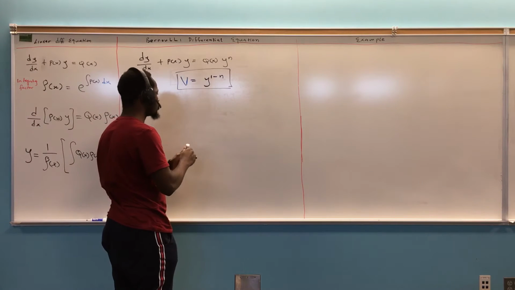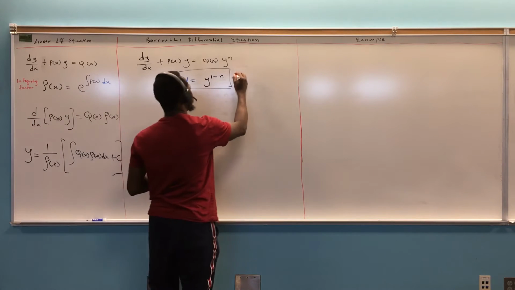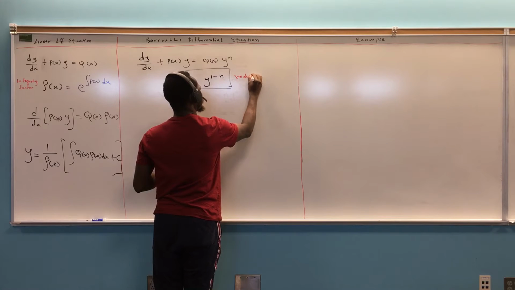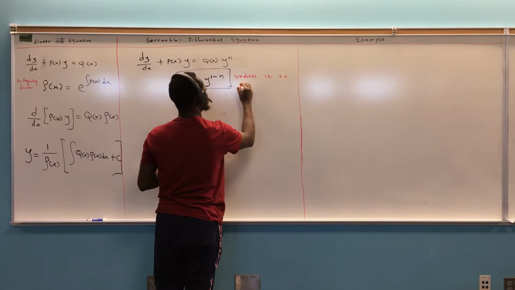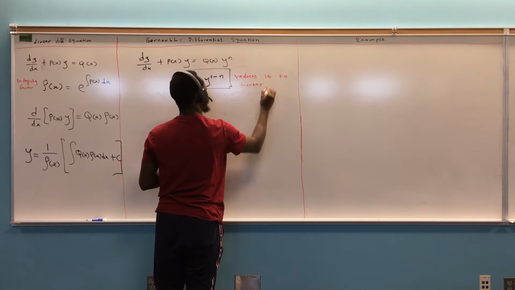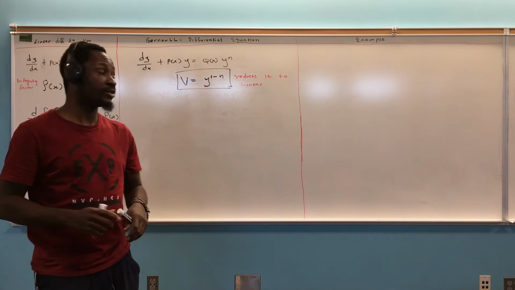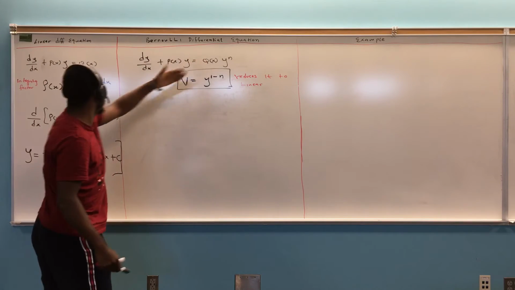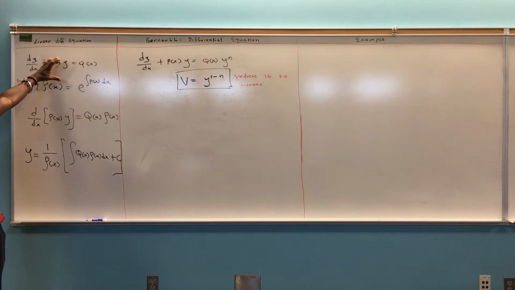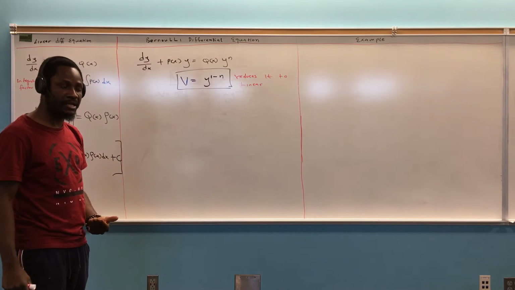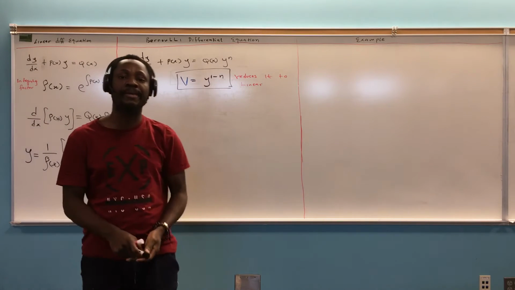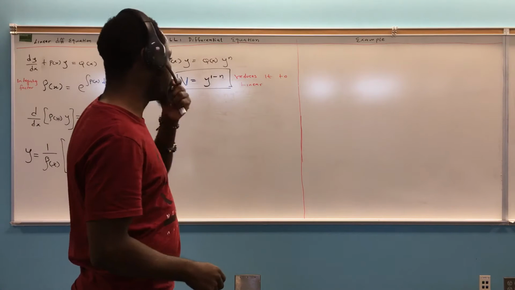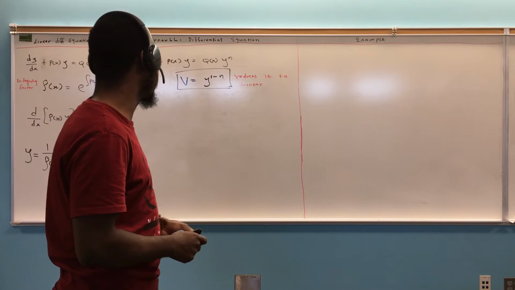This helps you reduce Bernoulli to linear. And when you have it in this form, you can use the same procedure to find a solution, after which you will replace your v back with y to the exponent 1 minus n.